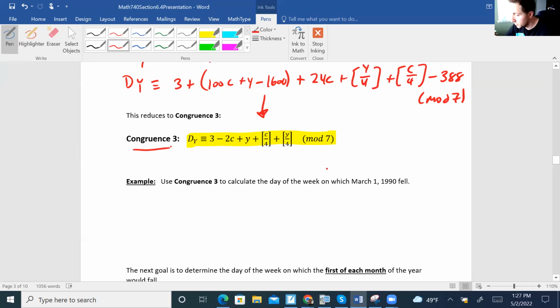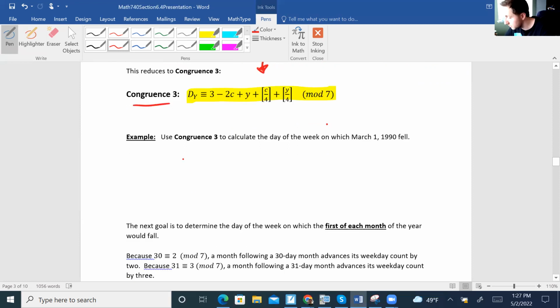So let's use congruence 3 here to do an example. Let's calculate the day of the week on which March 1st, 1990 would fall. So we'll call that, using our notation, D sub 1990. So we need to know the century and the year past the century. So C in this case would be 19.